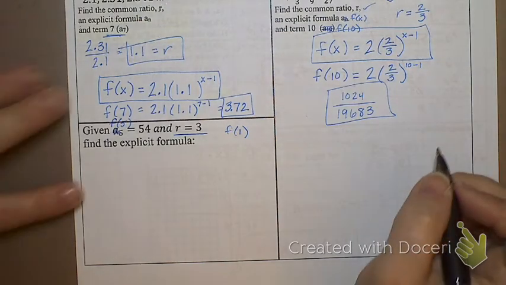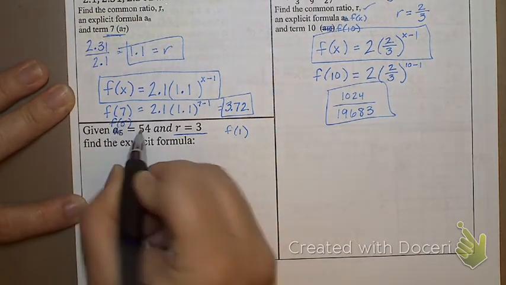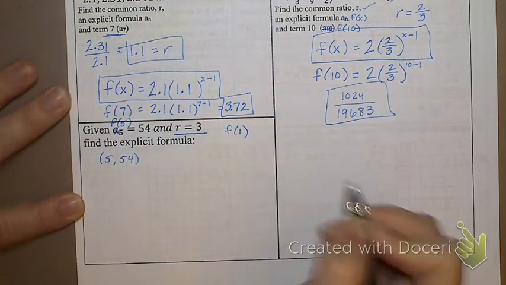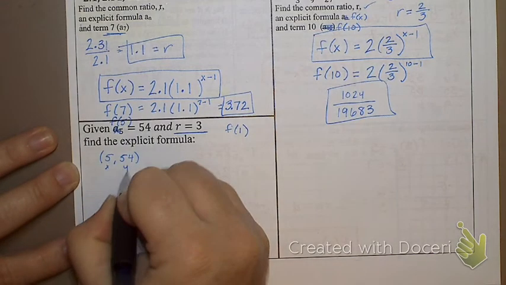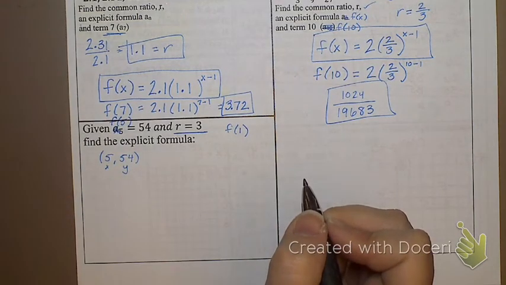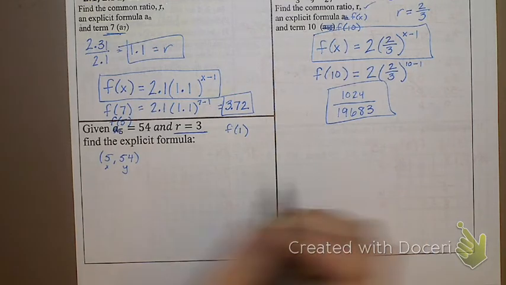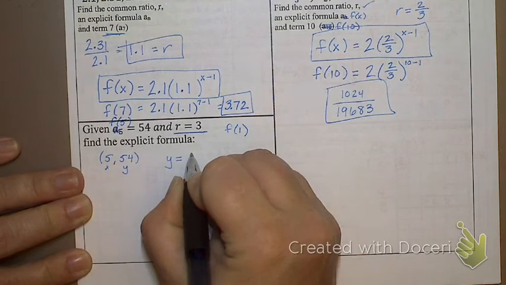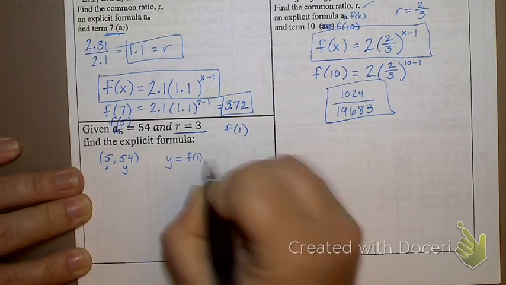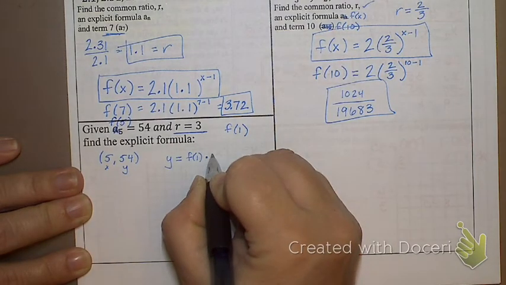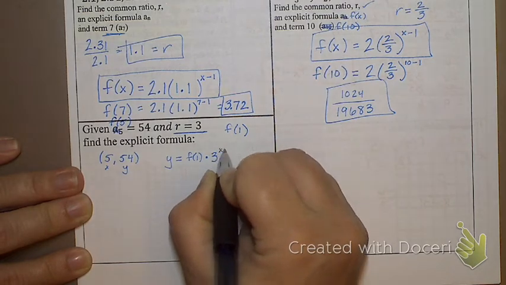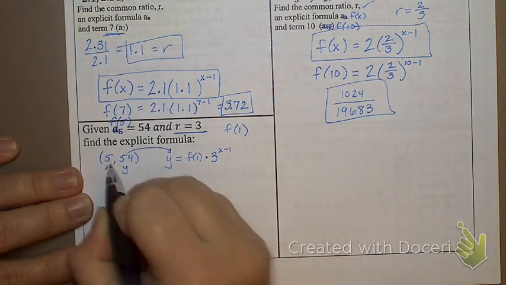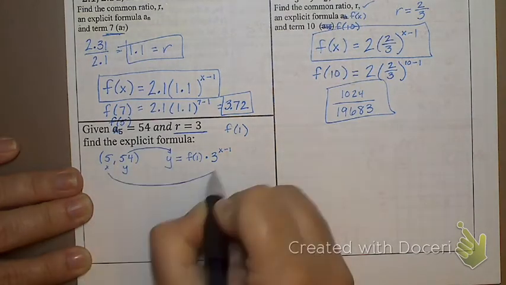Right? So this is where I take this and I write it as an ordered pair. That's my x value and my y value. You remember that? And I have to plug that into my formula. So if my formula is y equals, we'll say f of 1, or the first term, times r, which I know is 3 to the x minus 1, I have to plug in 54 for y and 5 for x.